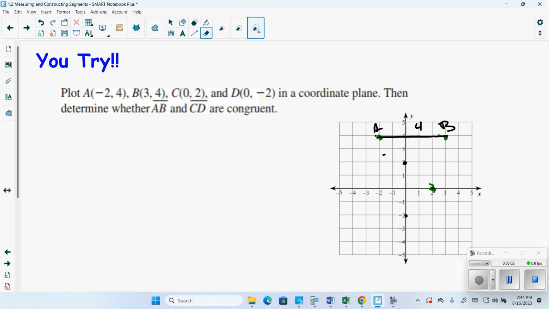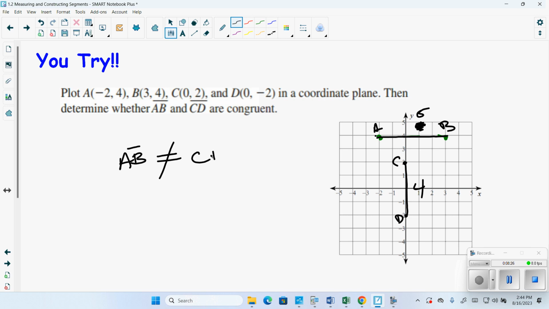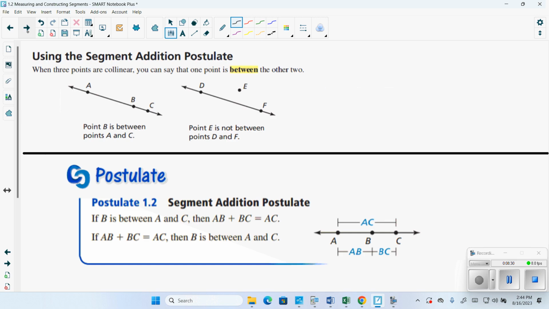I'm going to clean this up. So the distance between C and D is also 4. So would you say that AB is congruent? I'm sorry, the distance from A to B is not 4. I apologize. Those of you that might have figured that out. 5. So would AB be not congruent or not equal to CD? So the answer would be no on that one.